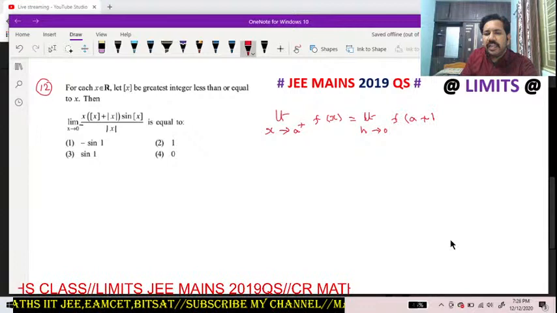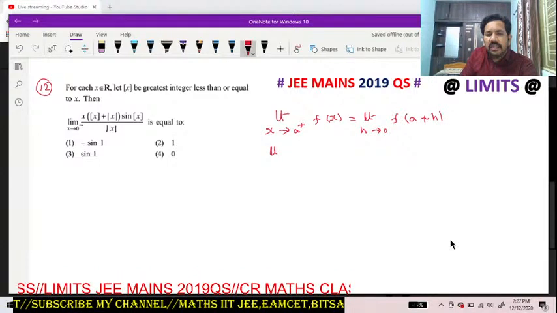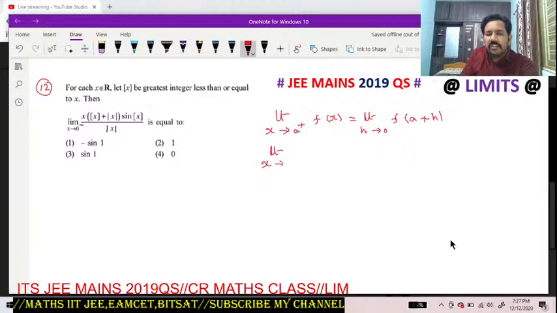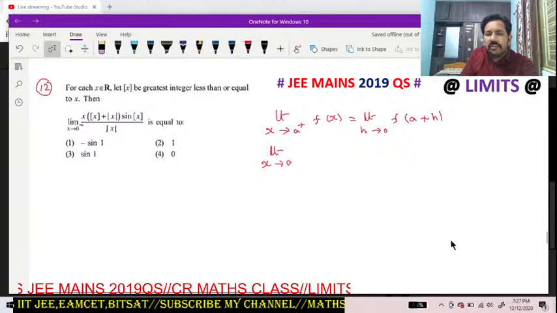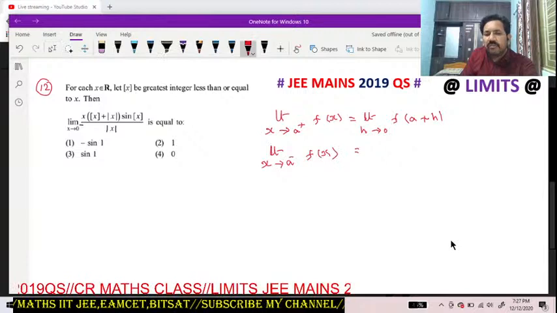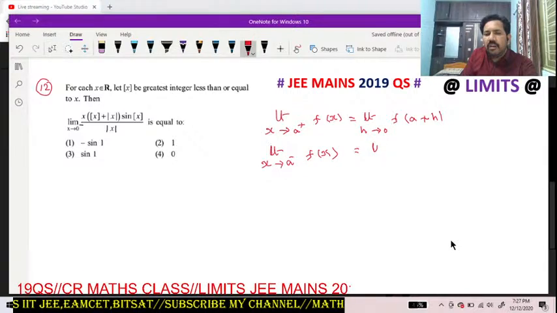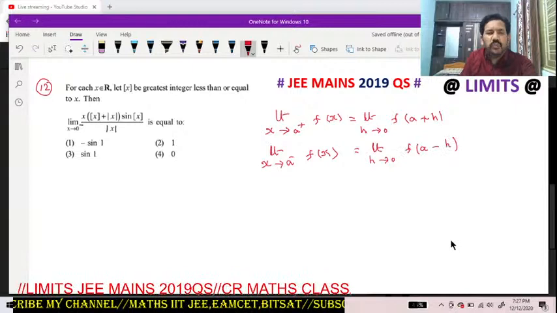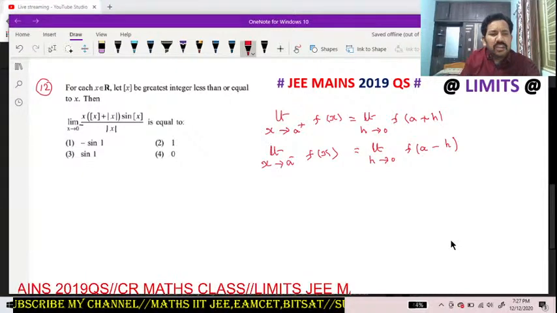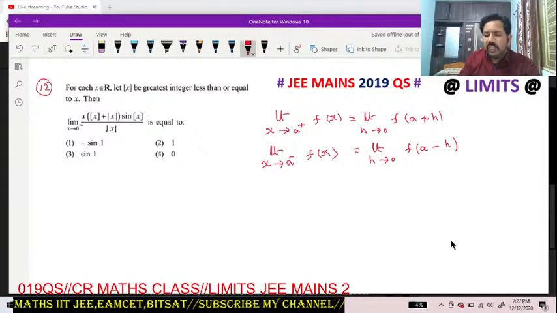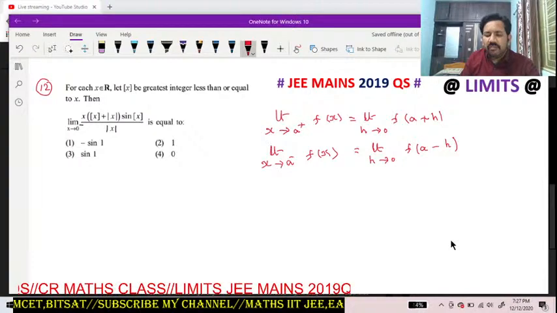This is the formula. Similarly, limit x tends to a minus f of x is equal to limit h tends to 0 f of a minus h. These are the two formulas. So use that. Here they have given limit x tends to 0 minus.